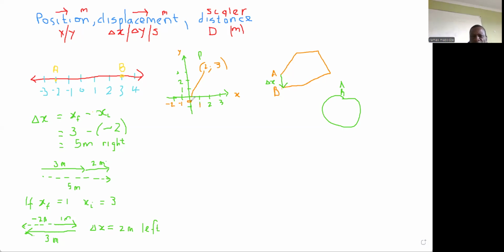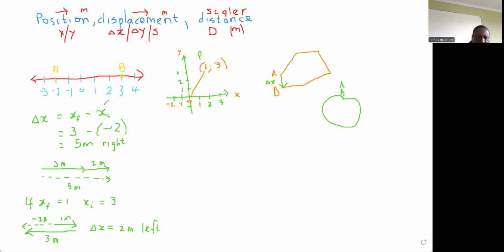They are both vectors, both measured in meters, and they are exactly equal. If you want to find this distance, obviously you will have to find it by Pythagoras. I'll come to that. Okay, we'll talk about that shortly.